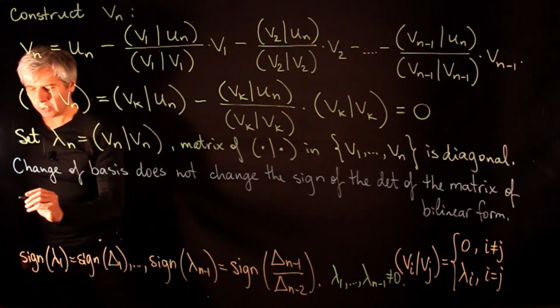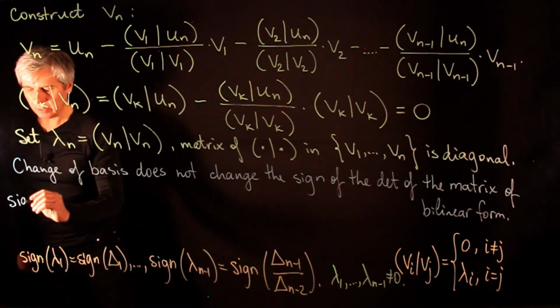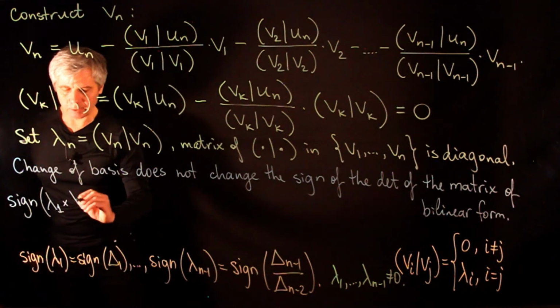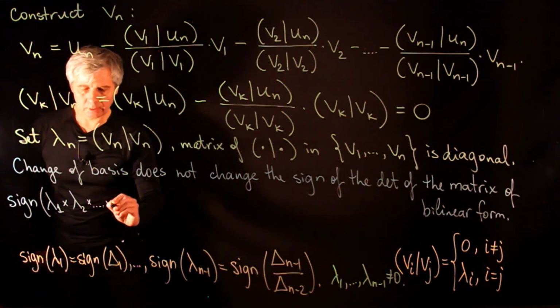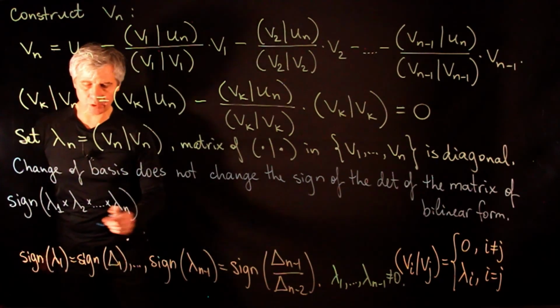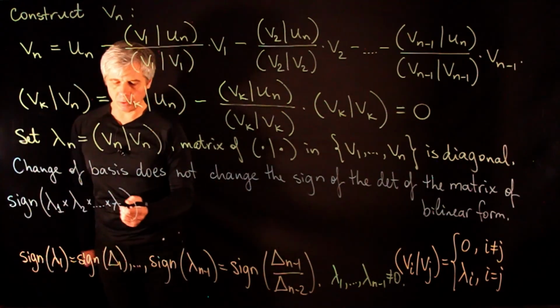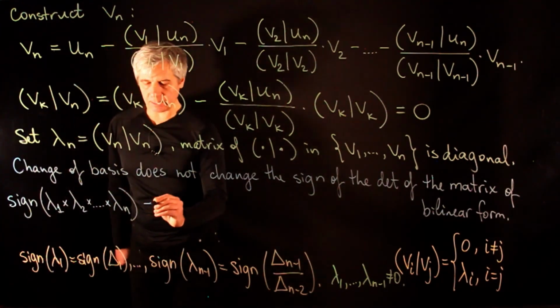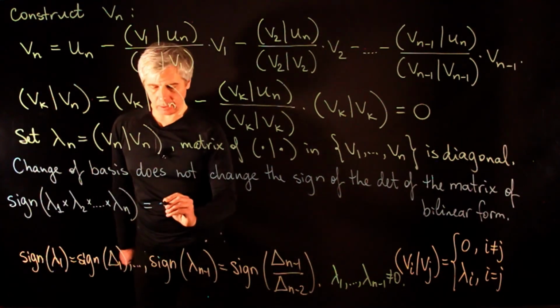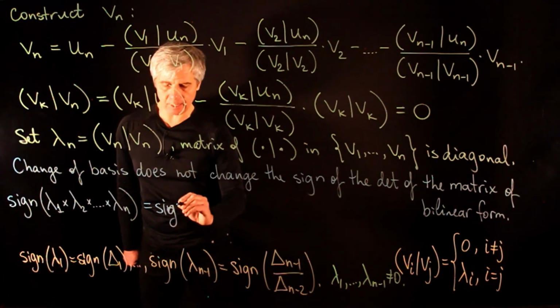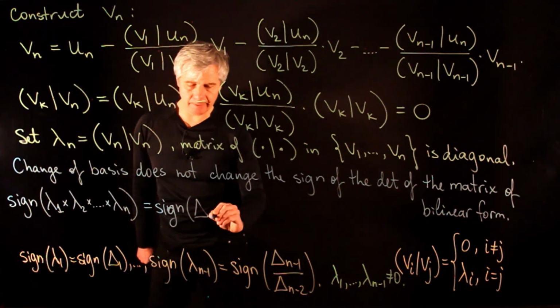The sign of the new determinant is the sign of the product lambda 1 times lambda 2 times ... times lambda n, because the determinant of a diagonal matrix is the product of the diagonal entries. But the old determinant was delta n, so we get that this is the sign of delta n.